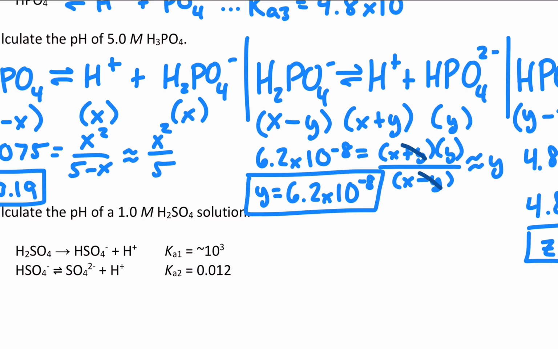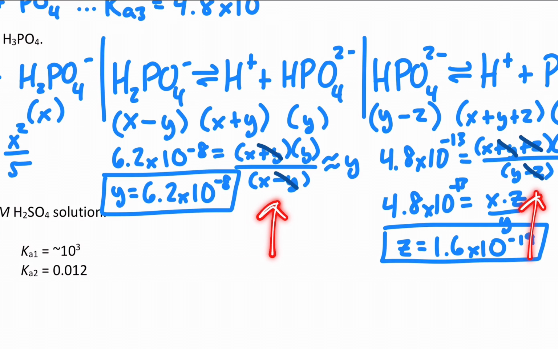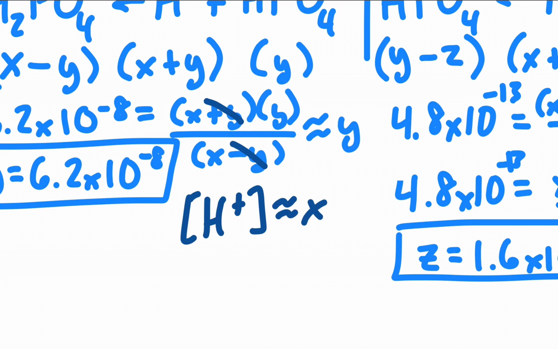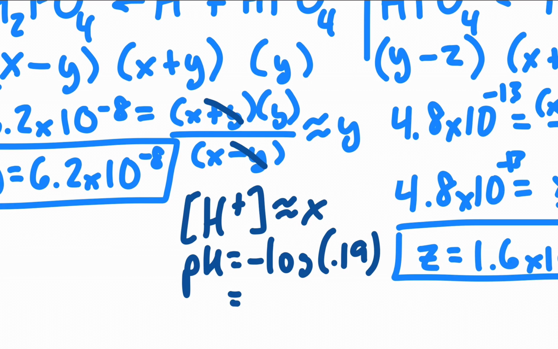We should really go back and check and make sure the 5% rule holds for those other simplifications, and indeed you'll find it does if you go back and do that. But that means at the end of the day, your H plus concentration is just equal to x, so your pH is the negative log of 0.19, and when you do that, you get 0.72.